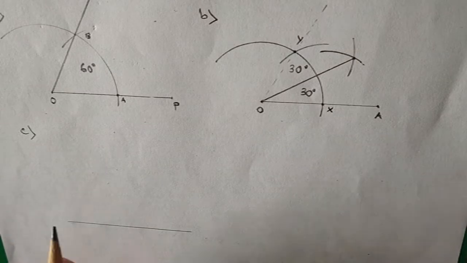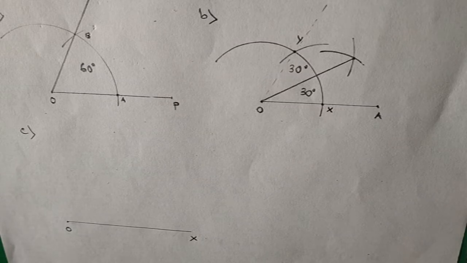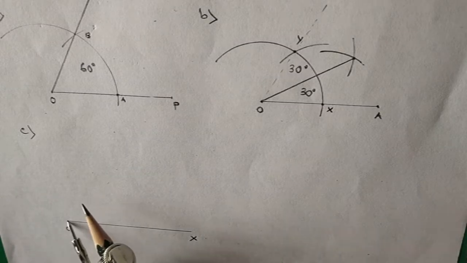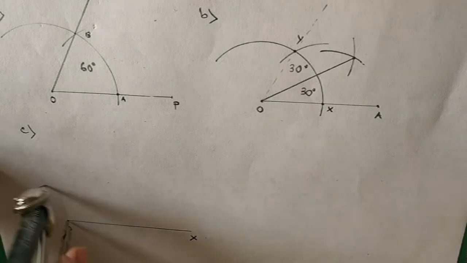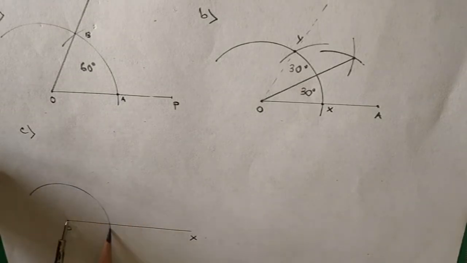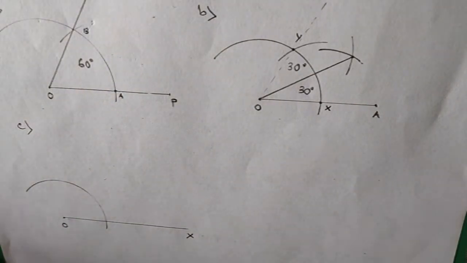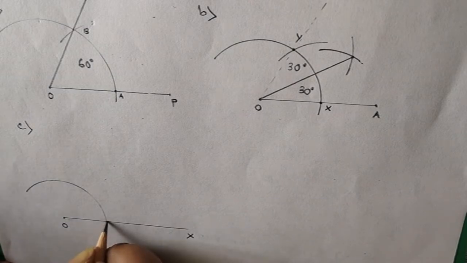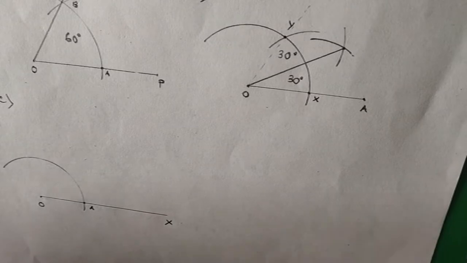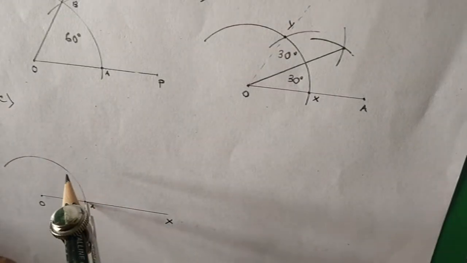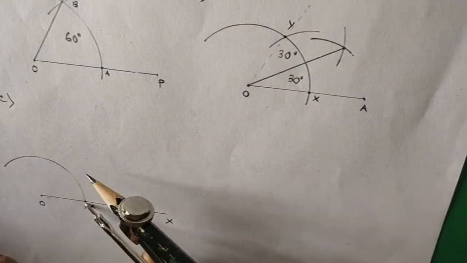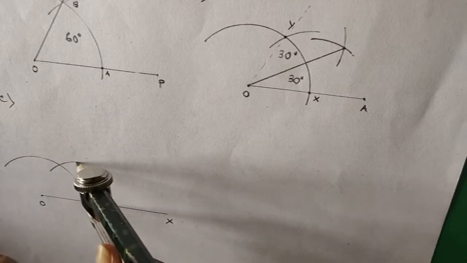So this is point O and this is point say X. We will take a convenient radius and then draw an arc from point O. Suppose it intersects the line segment OX at point A. Now with the same measurement from point A, we will draw an arc. So this is 60 degree.